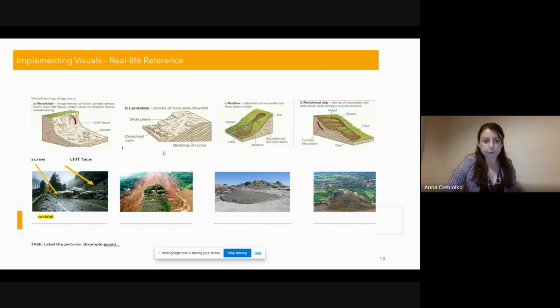And exactly the same method was used here, where they had pictures with definitions, with labels provided, and how interesting it is to actually find the same parts of the illustrations in real-life photographs. And I think, again, it's just much easier to talk about pictures that are much more understandable for anyone, not only about illustrations, that quite often it's hard to match with a real-life situation.